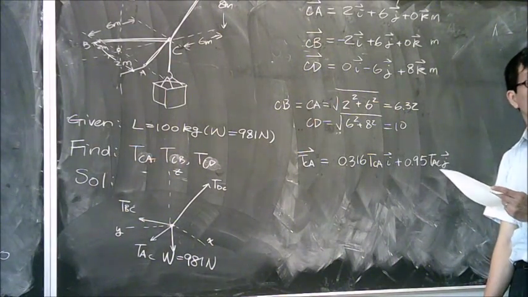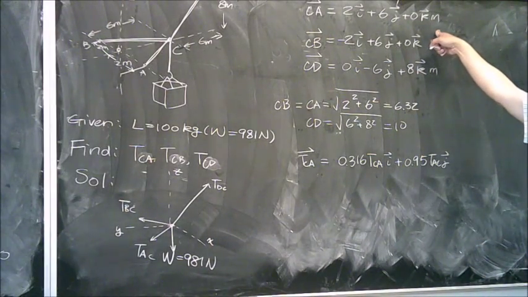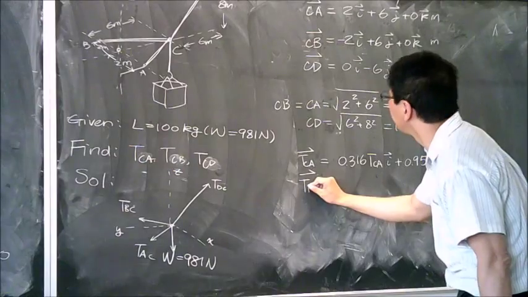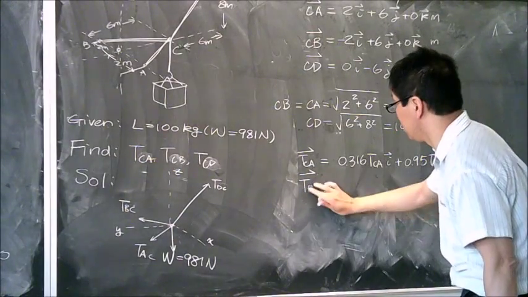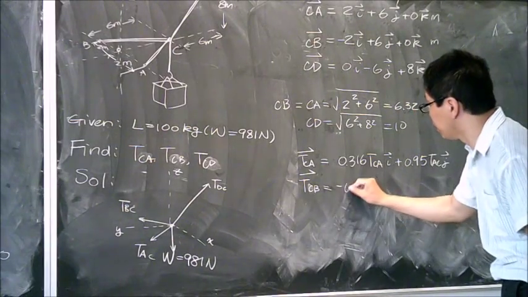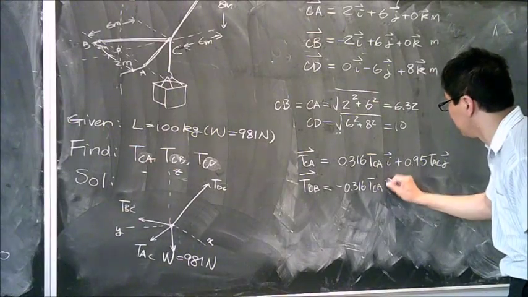Do I have anything in K? No, right? Because this is 0. So deal with TCB the same way. It will be the same, but the sign is going to be a little bit different.